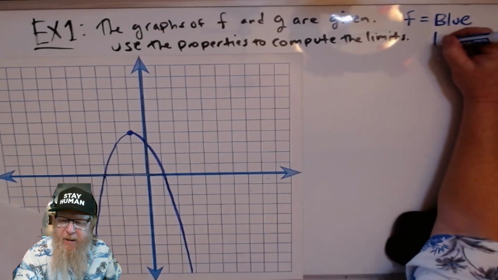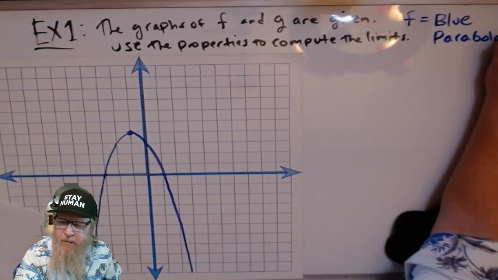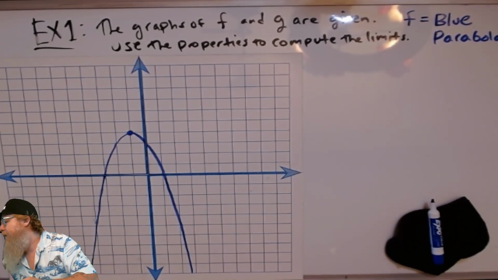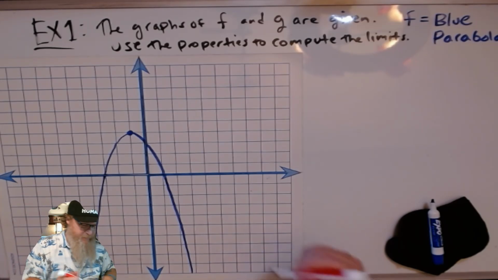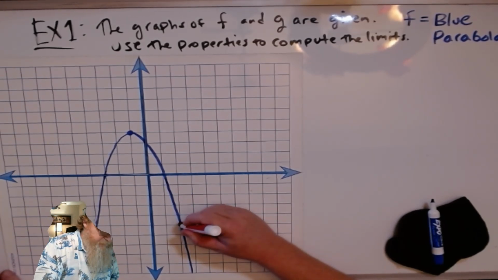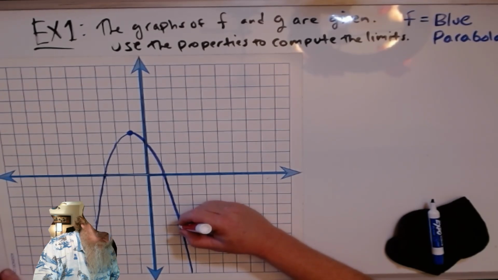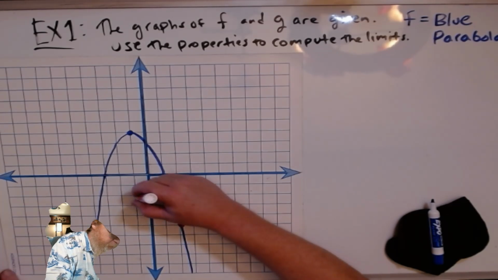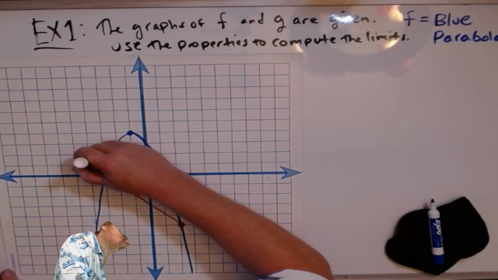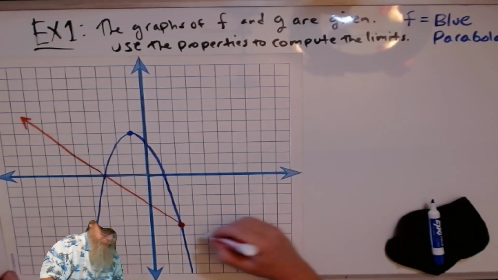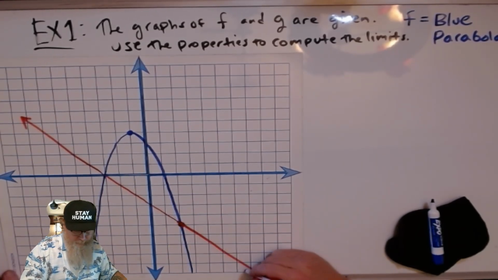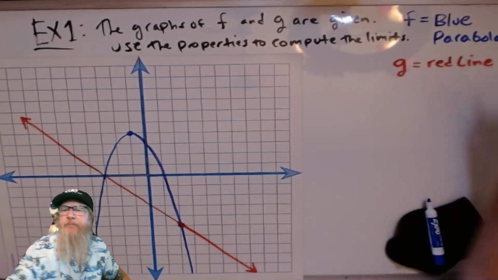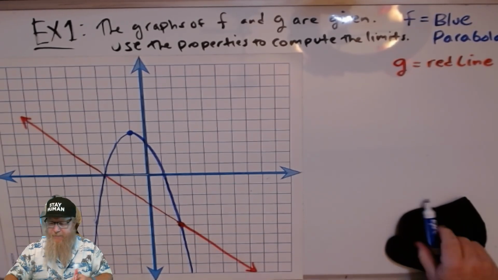That's the blue parabola. And then g. g is the red line.